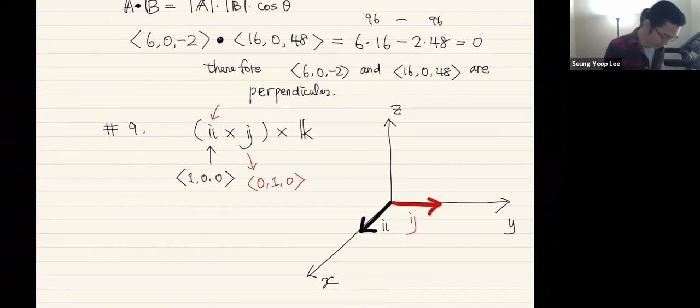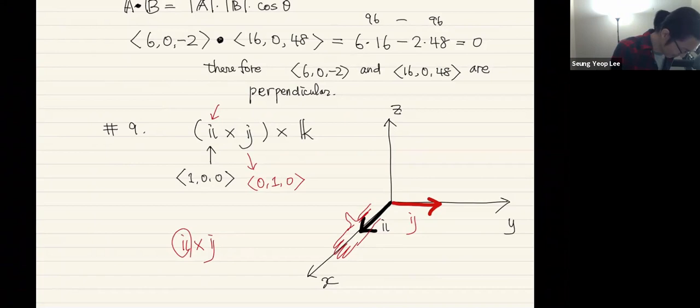Let's consider just the first cross product, I cross J. You put your four fingers in the direction of the first vector I. And then the second vector J must be on the side of your palm.